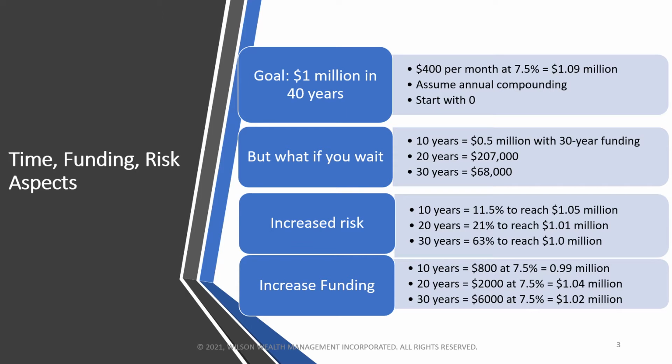We went through this specific slide in a previous session when we looked at investor constraints. So I'm not going to go through it again, but you can just see the relationship between time, funding, and risk. The longer that you wait to get started on investing, the less time that you have to achieve your objectives. And that may be 5 years out for a house. It may be 45 years out for retirement. But for every year that you delay, that's 1 year off your time horizon.